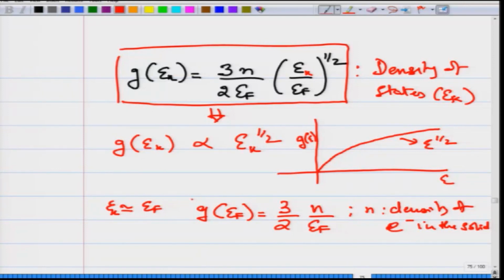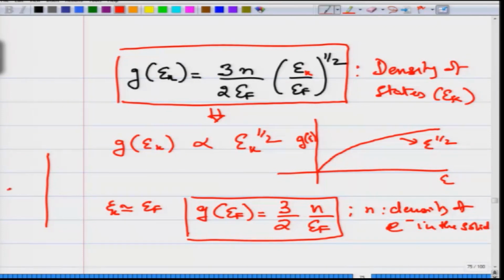So, at the Fermi energy, the density of states is proportional to the density of electrons that you have inside the solid. That determines what is the density of states that you get at the Fermi level.